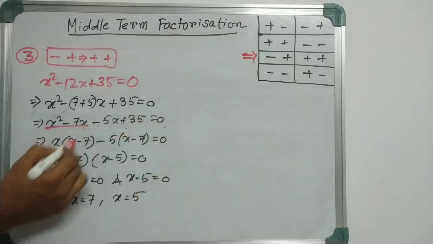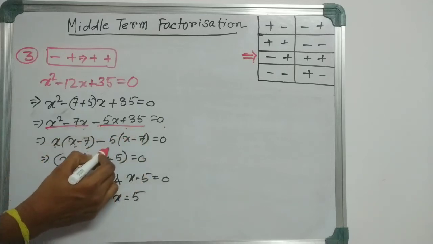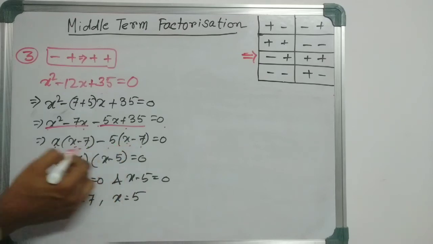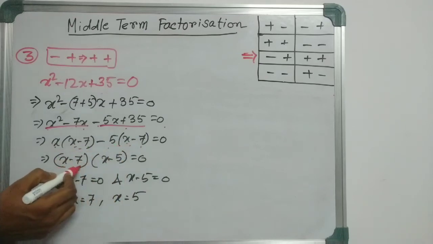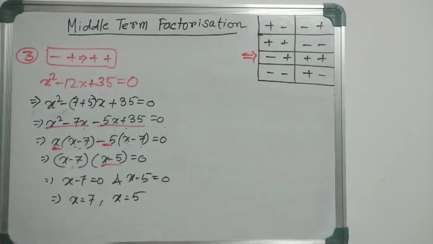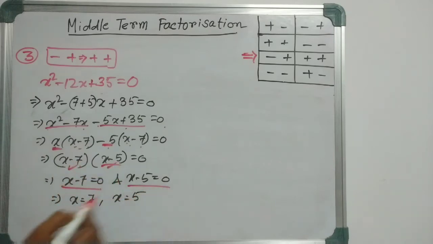So from here we got x as common, so x minus 7, and from here minus 5 is common, so x minus 7. So x minus 7 is common to both of them. That is why x minus 7 is taken and left is x and minus 5, so x minus 5. That is why x minus 7 equal to 0 for this and x minus 5 equal to 0 for this. So x equals 7 and x equals 5.